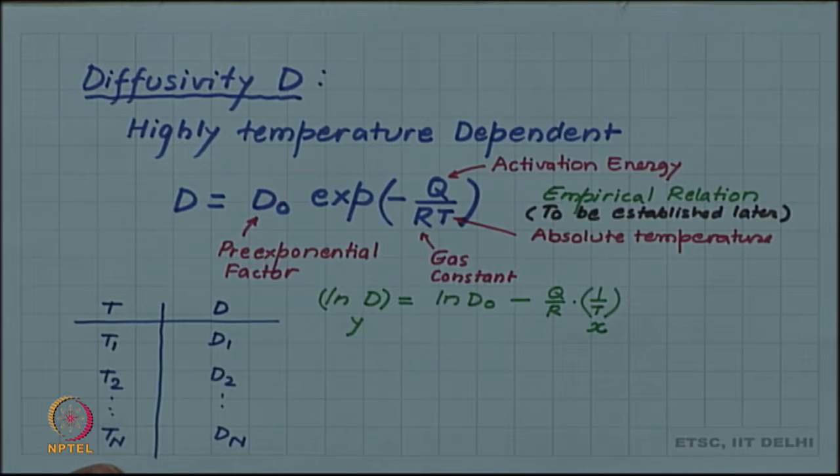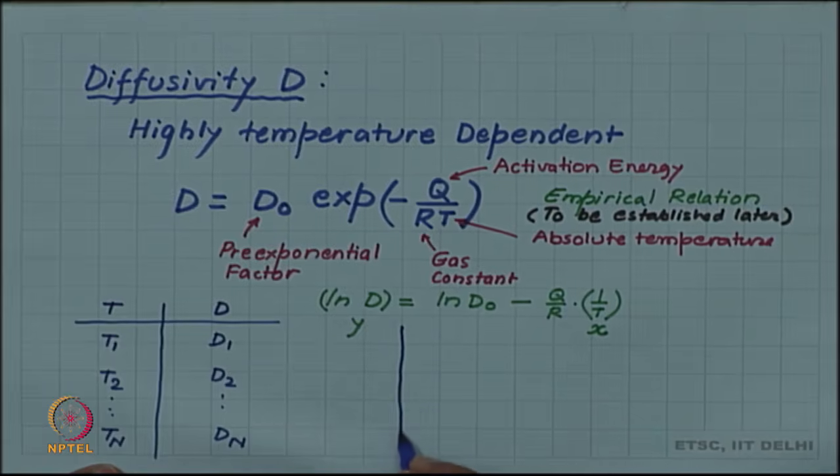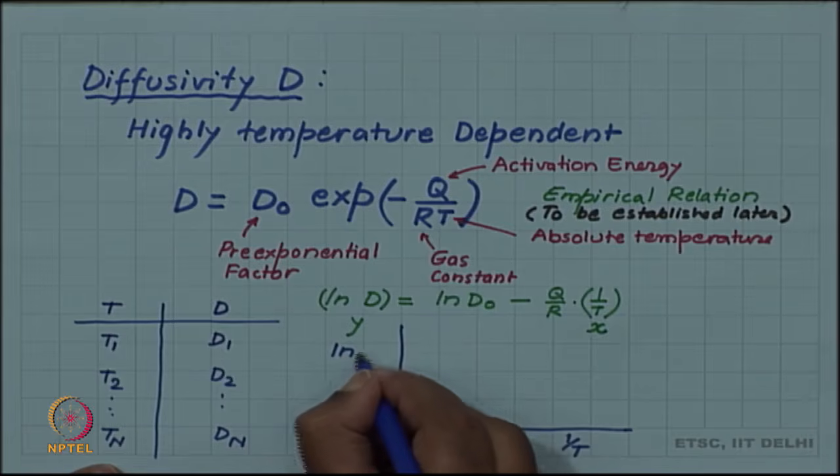So, let us do that. The x axis is 1 by T and the y axis is log D in my plot.